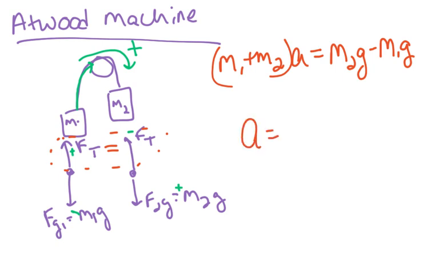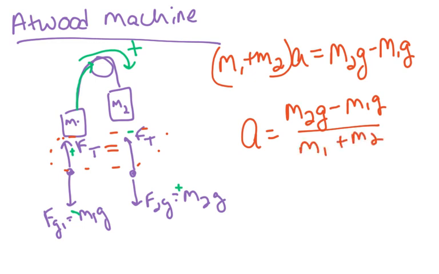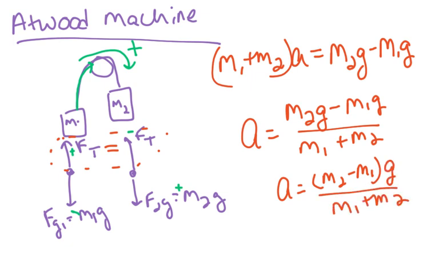So we end up with an expression for our acceleration as the gravitational force on block 2 minus the gravitational force on block 1 over mass 1 plus mass 2, or the total mass of our system. And then sometimes they will simplify this to say m2 minus m1 times g. They'll factor out the g, and then the m1 plus the m2 in the bottom. Okay? So that's how you get acceleration in an Atwood lab or in an Atwood machine.